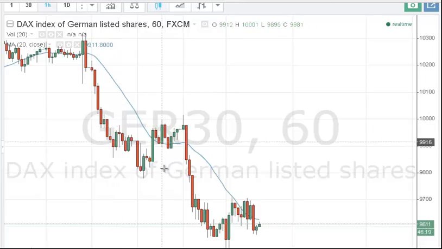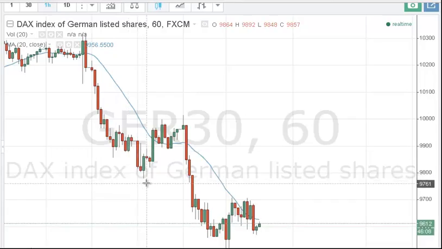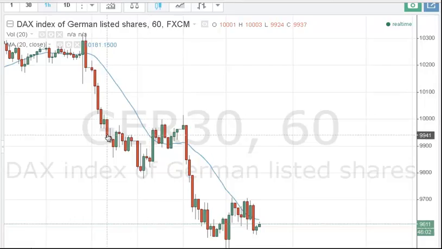During the day, the market's moving all over the place. So, if I were looking at this and go, oh, I'm going to go 50 below, then I'd enter the short trade here, it would go up and I would lose the money. I don't want to enter this trade during the day.